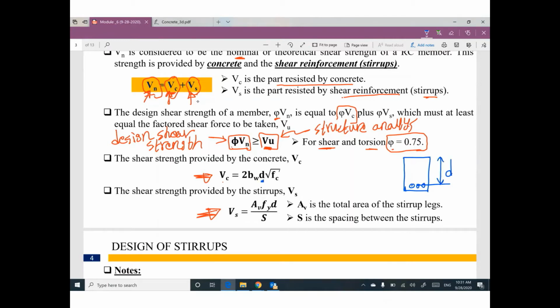What is the value of this width, which is called b web, this term. Sometimes we call it b without w. And square root f prime c, this value in psi. 4,000, 3,000, 2,500, 5,000, whatever is given in the problem. This is the shear strength provided by concrete.